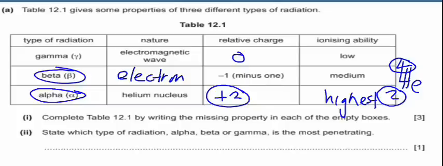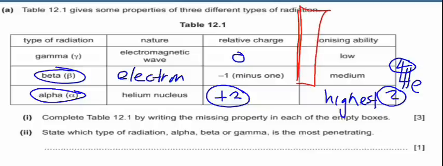Then as for Roman numeral 2, it is saying state which type of radiation, alpha, beta, or gamma, is the most penetrating. So when it comes to this one here, let me just try to draw this. Usually this question even came in 2023 for internal ECZ candidates. They brought this one for the penetration.